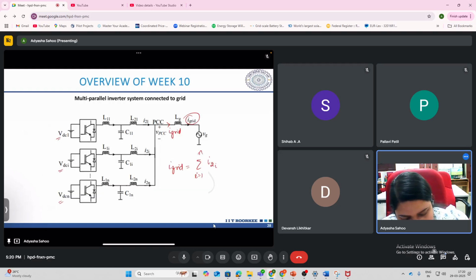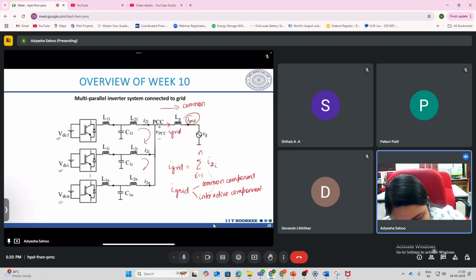This I grid has two components, a common component and an interactive component. Now the common component is at the grid side. This is the common part of the I grid, and the interactive component is between these inverters.